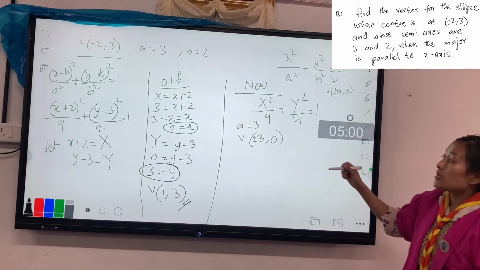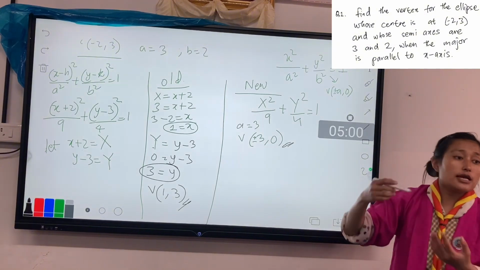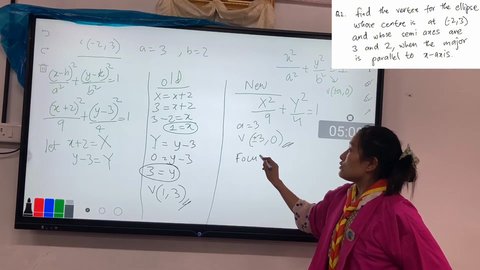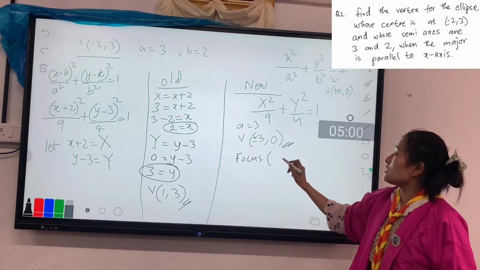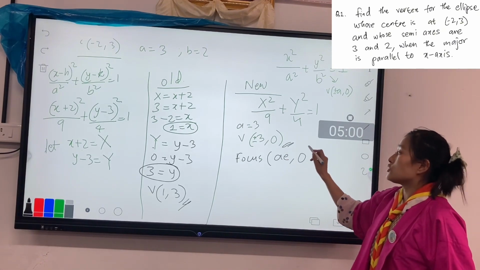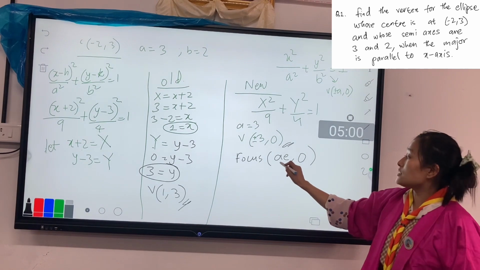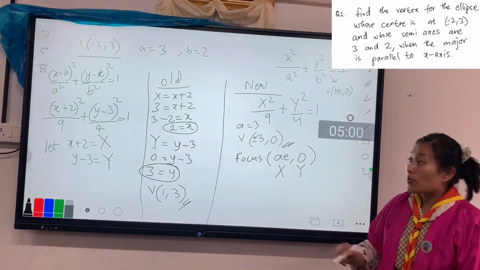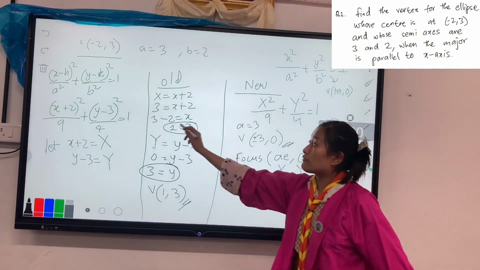Similarly, it goes for the others as well, like the focus. So your focus here is AE comma 0. Again, I'm telling you, this is capital X and this is capital Y. So whatever value you get, you just have to equate.